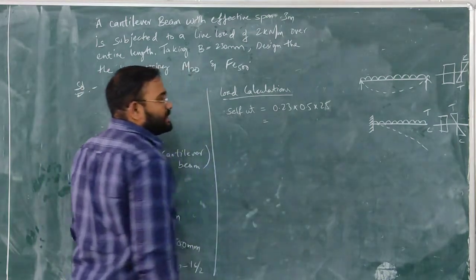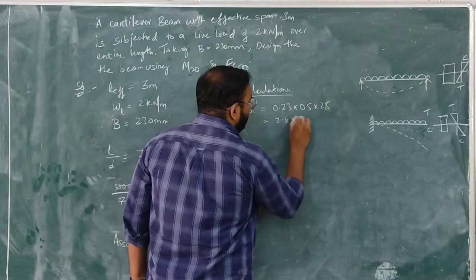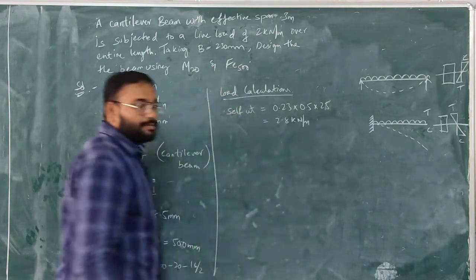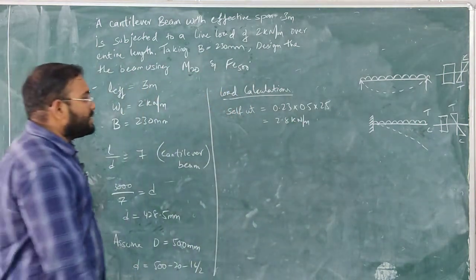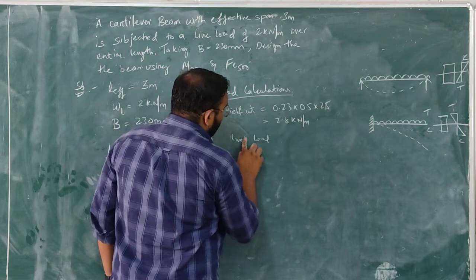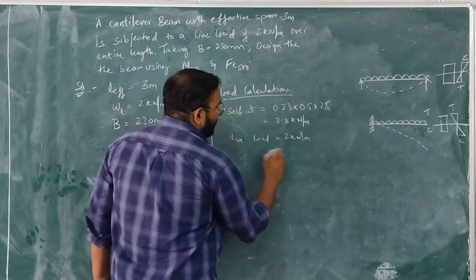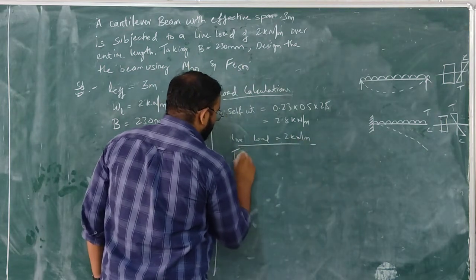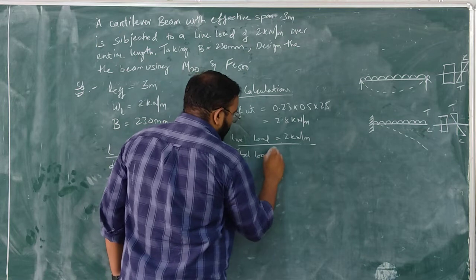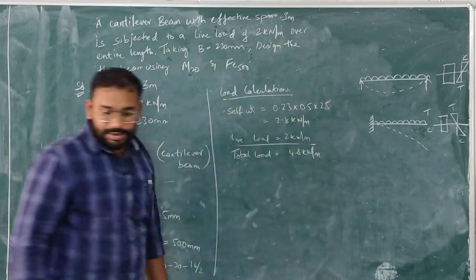Tell me how much this is? 2.8 kilonewton per meter. Next is the live load, which is directly given as 2 kilonewton per meter. So the total load comes out to be 4.8 kilonewton per meter.